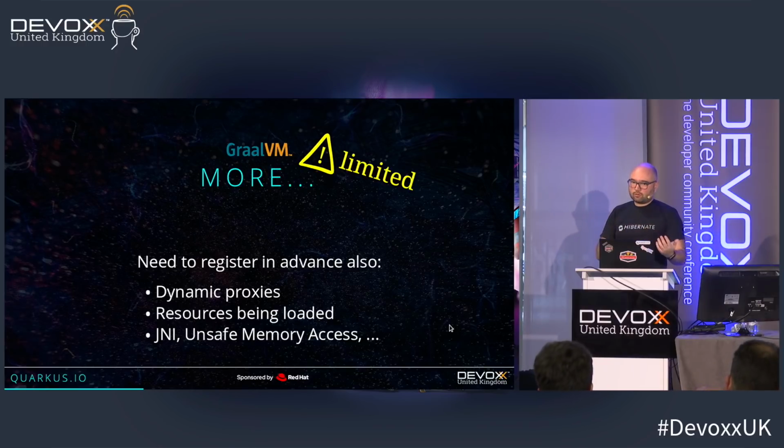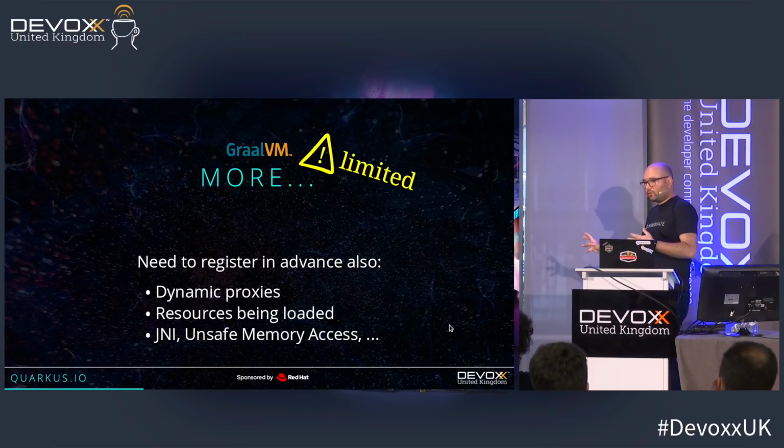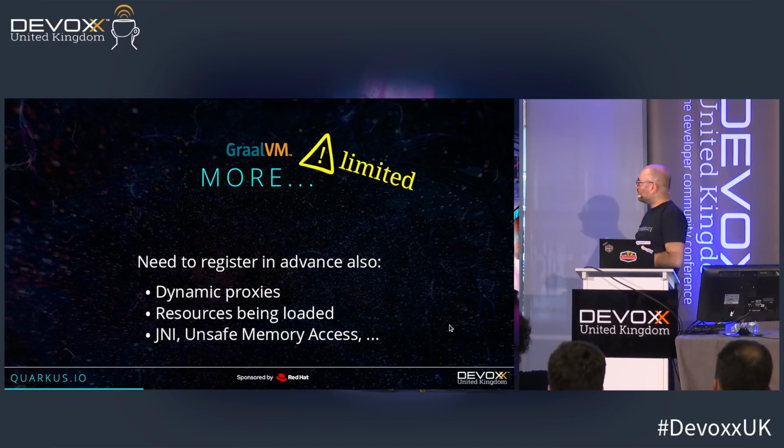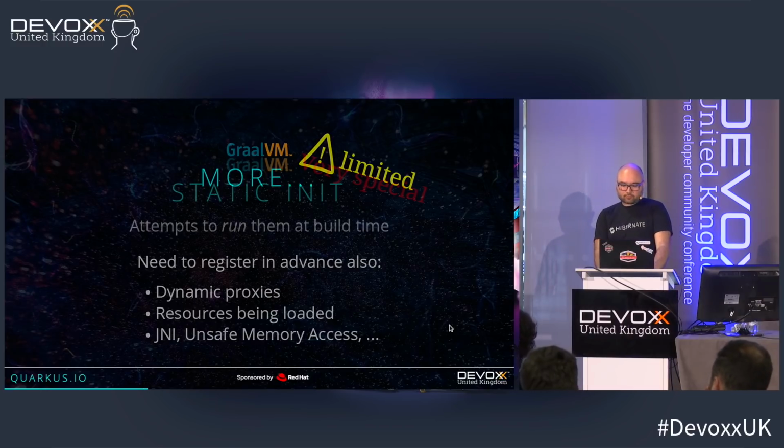Because there is reflection, you might break it. So here, the important point is that you need to make a thorough list of all your reflection needs of your application and all your libraries, so that the compiler can keep those in mind. And the same is for dynamic proxies, not allowed. And loading resources only if you told it upfront, and using JNI, unsafe memory, etc.